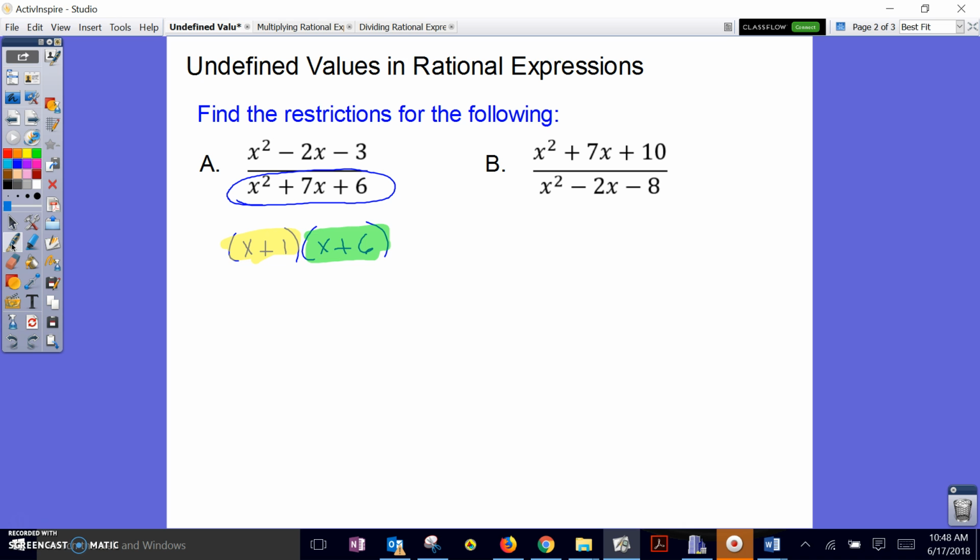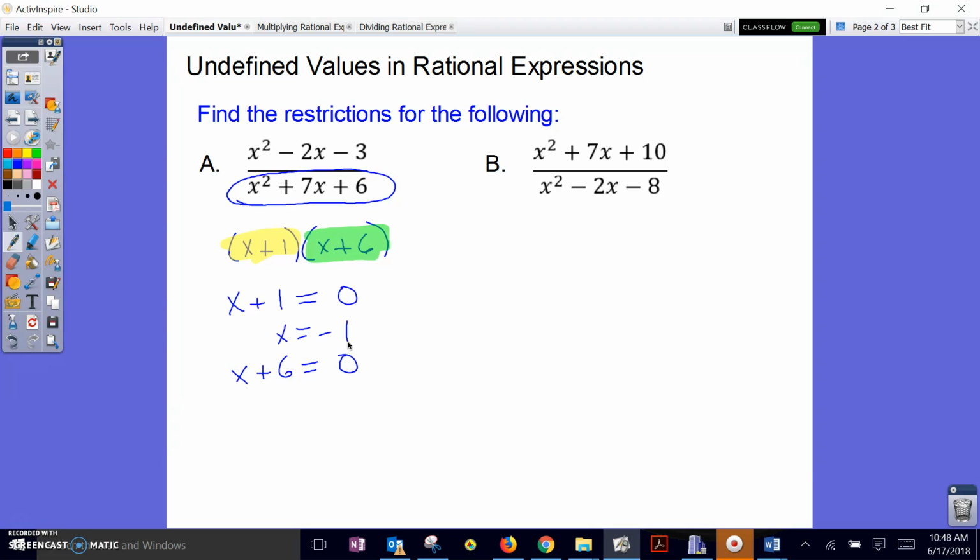And so we need to find the value of x that makes x plus 1 equal to 0, and the value of x that makes x plus 6 equal to 0. And those are relatively simple to find. We can go through the mechanics of solving these equations, or we can simply ask ourselves, what value of x makes x plus 1 equal to 0? It's negative 1.